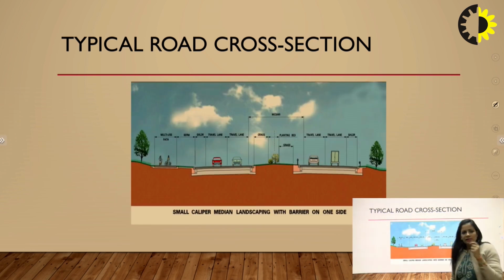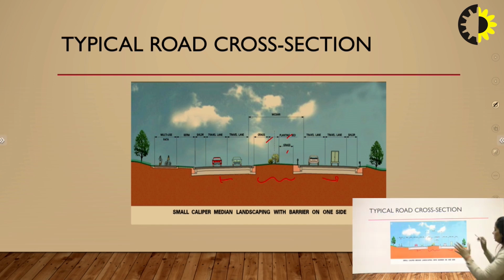This picture is more clear. Here you can see a typical road cross section again. This area is called the median. There are provisions for growing grasses and planting beds. Here this is one lane, and this is another lane.